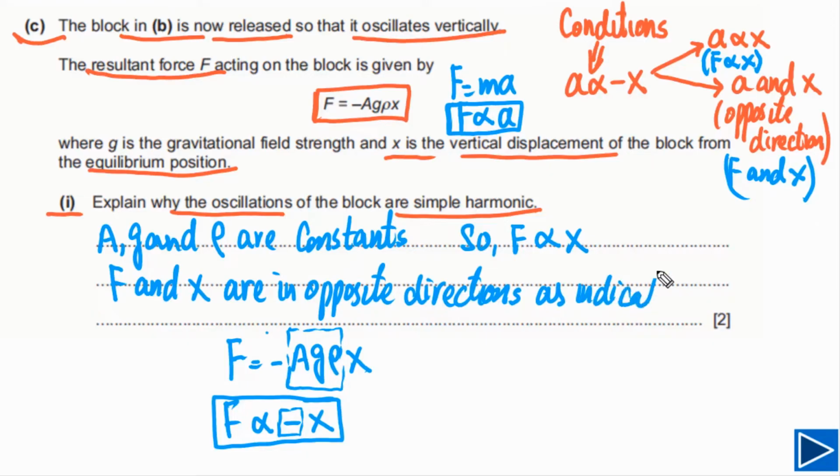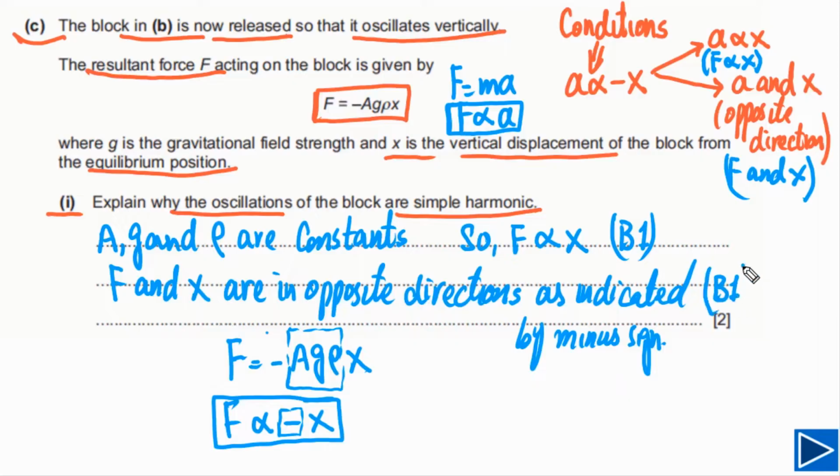That's all what we have to write down for this question. This question has 2 marks. You will get 1 B mark if you have written the first one. And the second one you will get if you have explained minus sign.